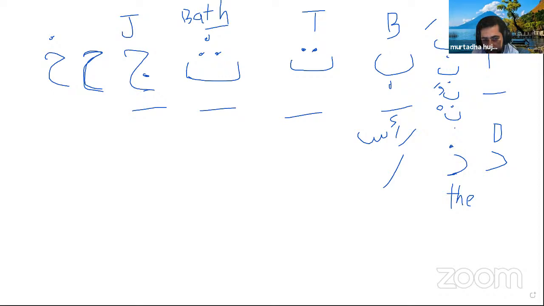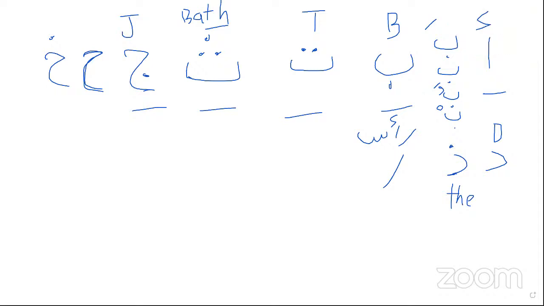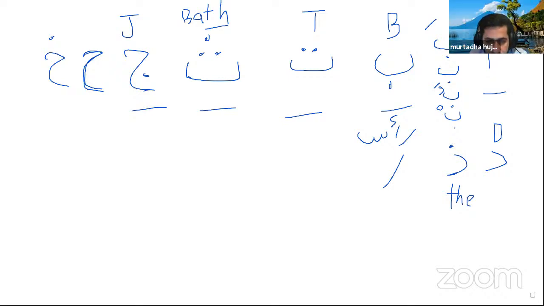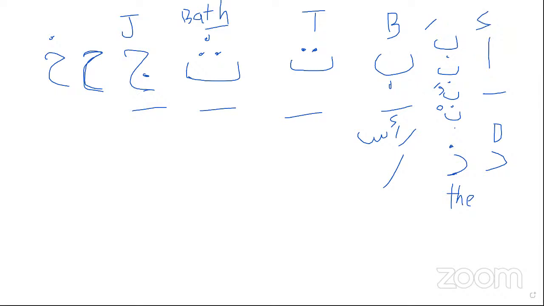Rab is God or head of. Rabbi is my God, for instance. Rabbi means oh my God, something like that.